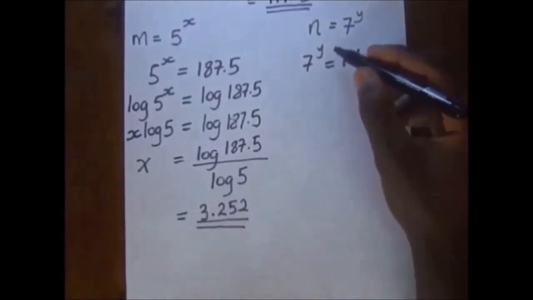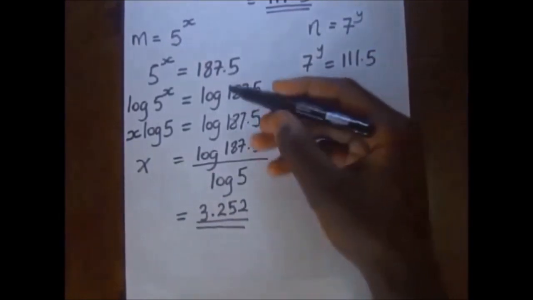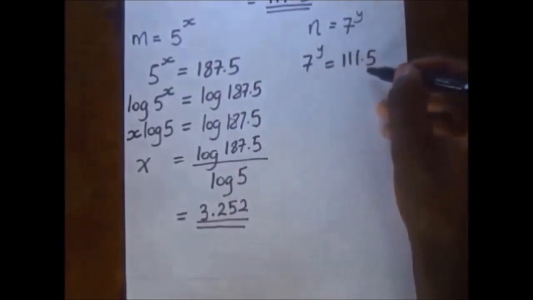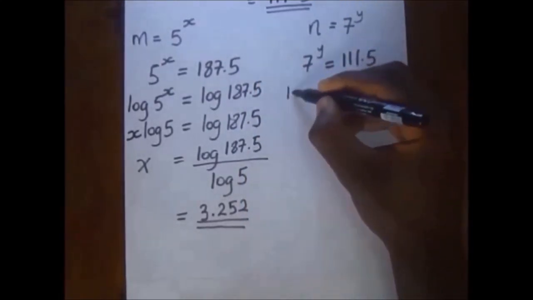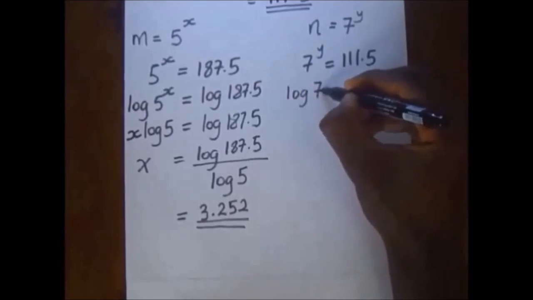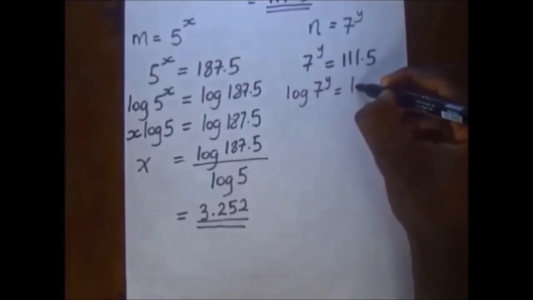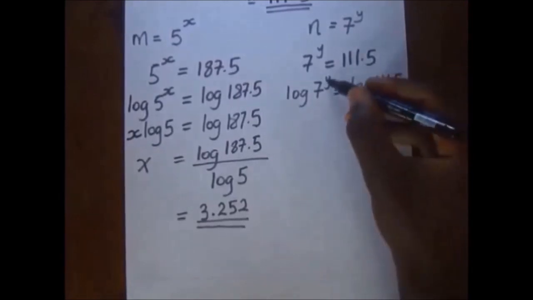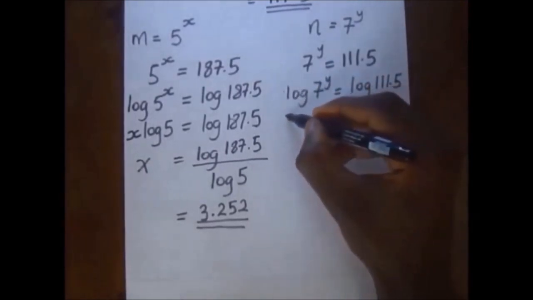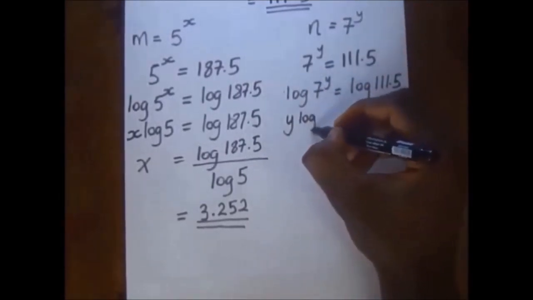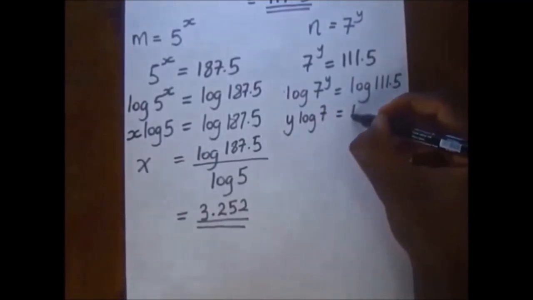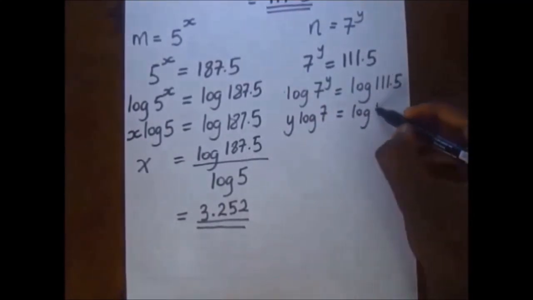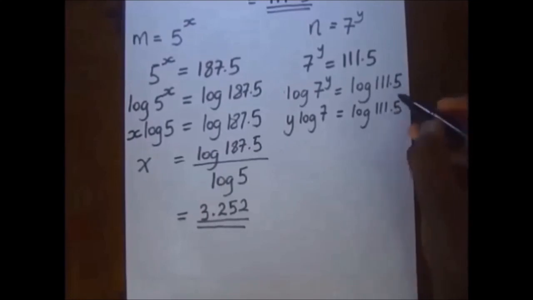This is one of our values of x. We come here to get the value of y. We are going to do the same thing like we've done here. We introduce log on both sides. So it becomes log of 7 to the power y is going to be equal to log base 10 of 111.5. When this y comes down, it becomes y times the log of 7, giving us log of 111.5.